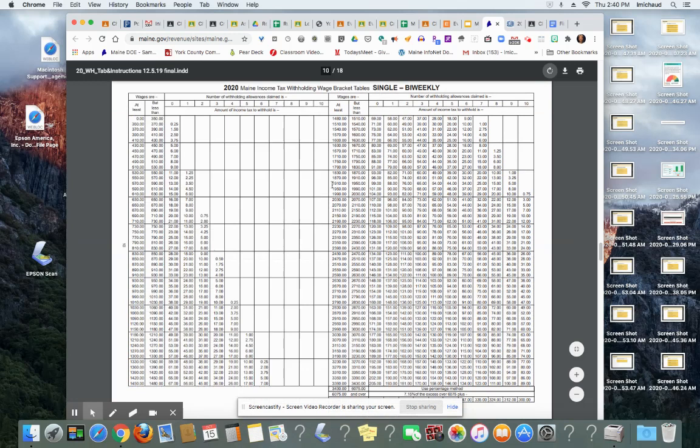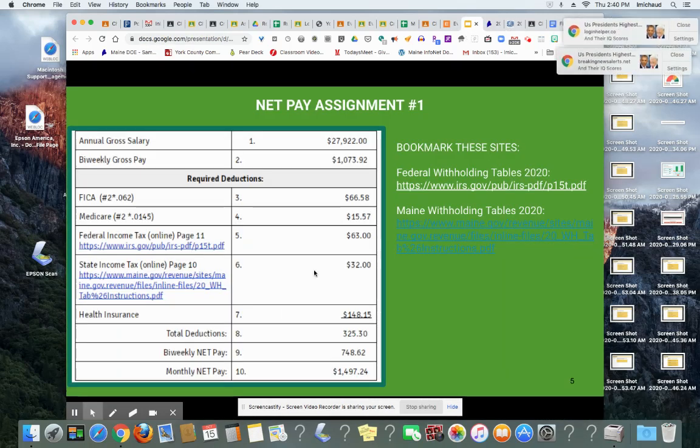Notice this is the single table. So 1073 is between 1060 and 1090, and one withholding allowance is $32. See how it says one? It's the intersection of the wages and the number of withholding allowances. So we're going to go back to the form and fill in $32.